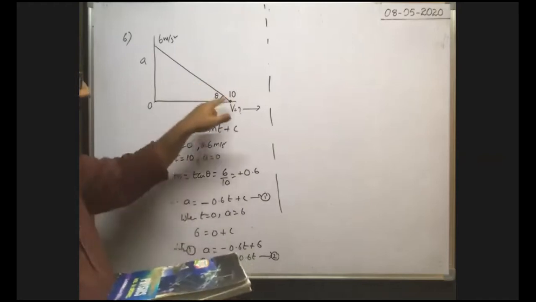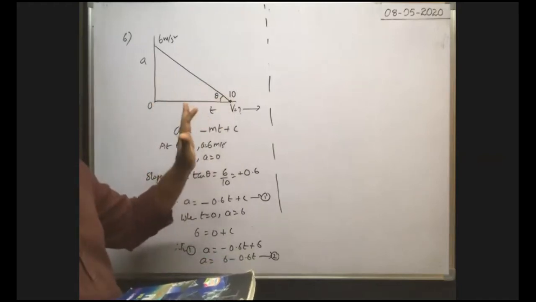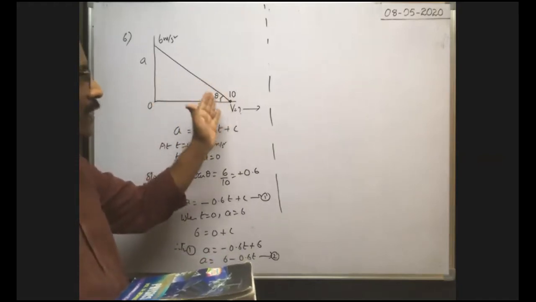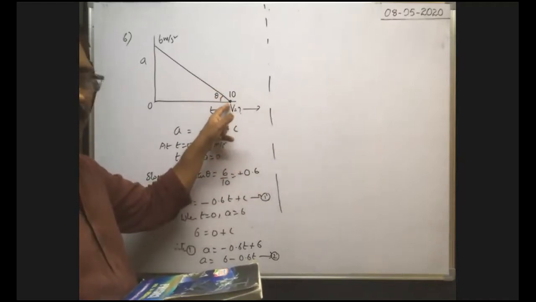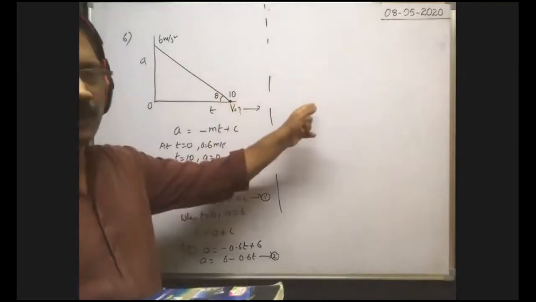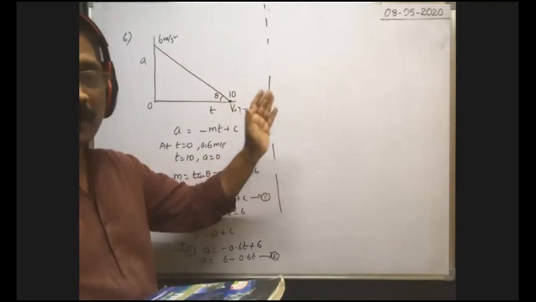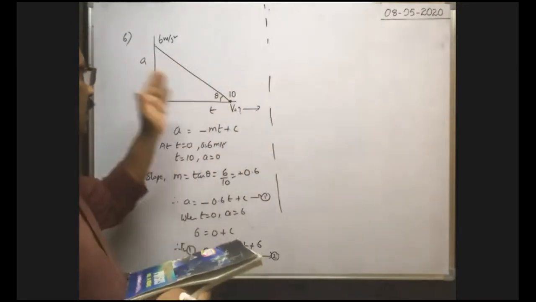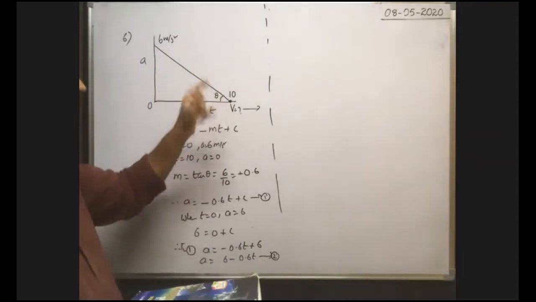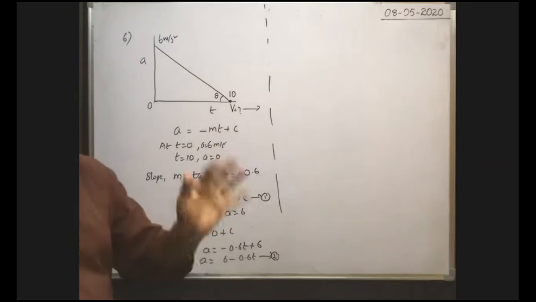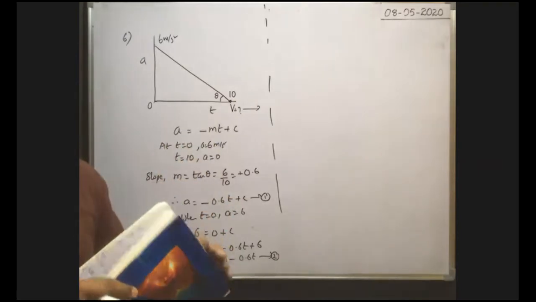So in 10 seconds, what is the distance traveled, first we have to find. After 10 seconds, as it travels with a constant velocity, we have to find the velocity. With that velocity, they travel with a constant speed to cover totally 400 meters distance from the start. So the distance in 10 seconds and the velocity after 10 seconds, both we have to find first.